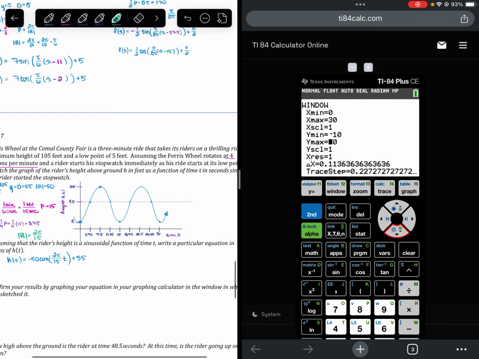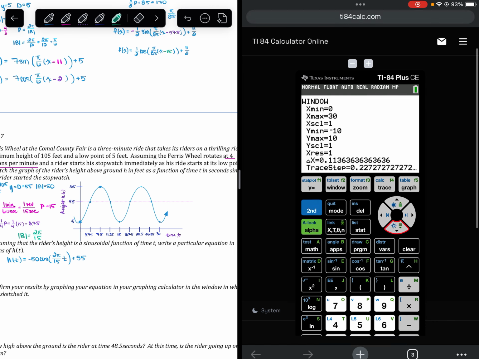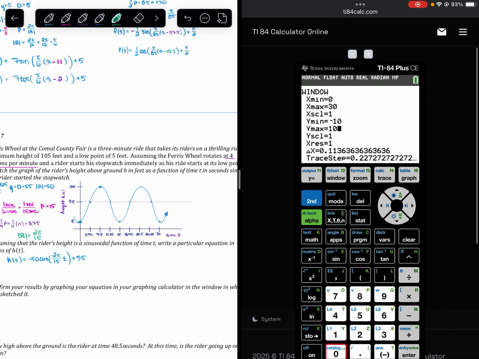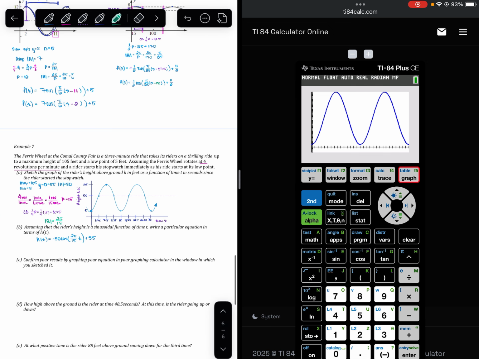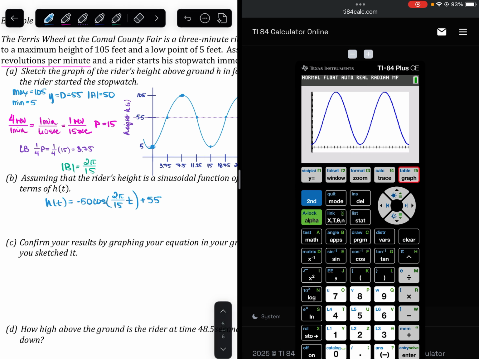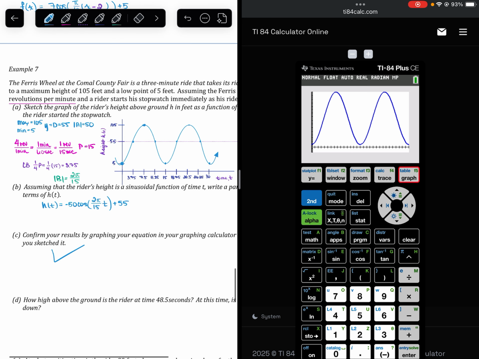There we go. 105. The scales, it's totally up to you. I'm not going to mess with them. Then I'm going to hit graph. Look at that. That looks like what I got. So I'm going to say yes. Confirmed. Check.